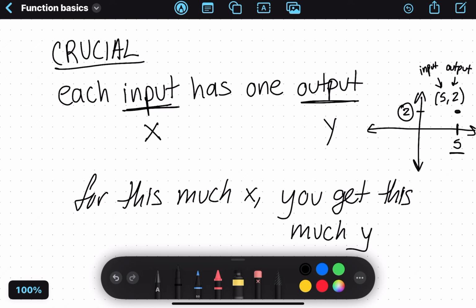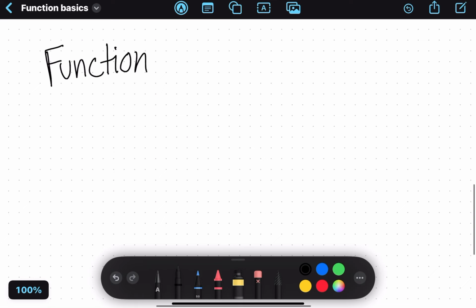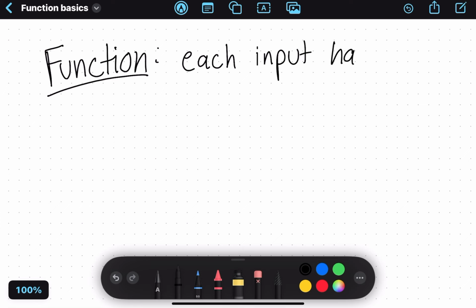So what does this mean? Each input has one output. Okay, so what? Don't all points have an X and a Y? What's the big deal? Why is it called a function? Well, an important thing I need to mention is that in a function, each input has exactly one output.